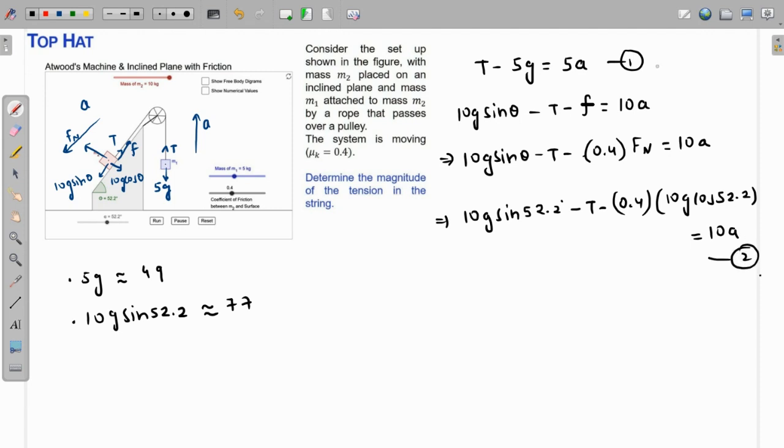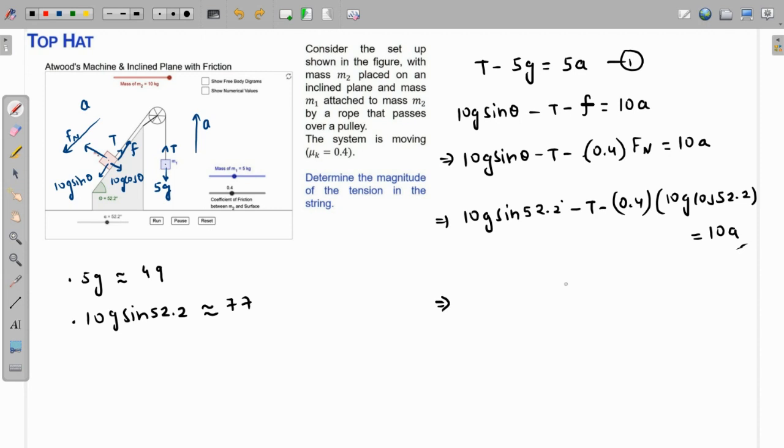Right, since we are supposed to find the tension, let's try to simplify the numbers, because there are too many numbers. It would be difficult for us to tackle. So let's solve these, because all of these are constants.